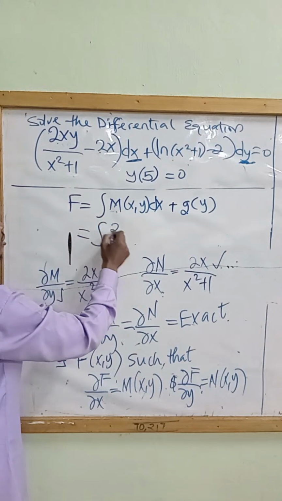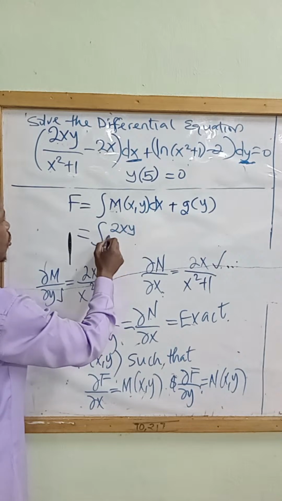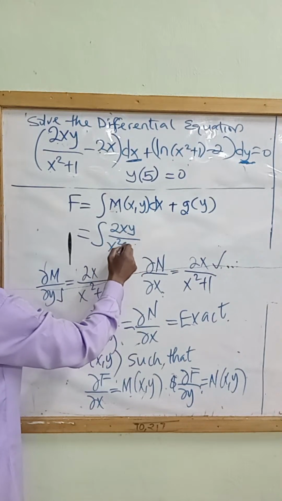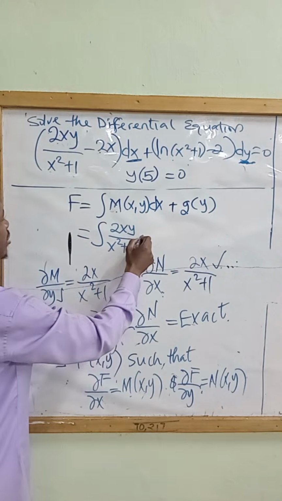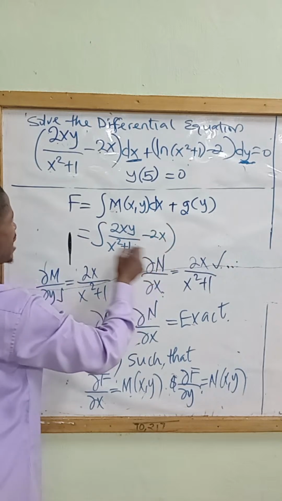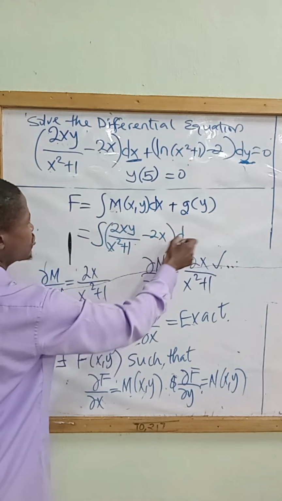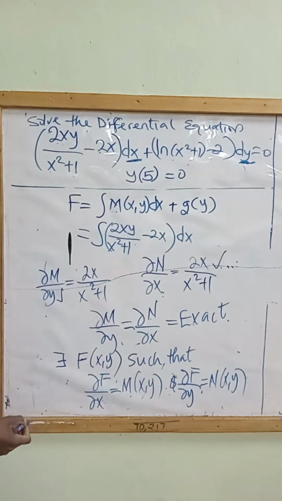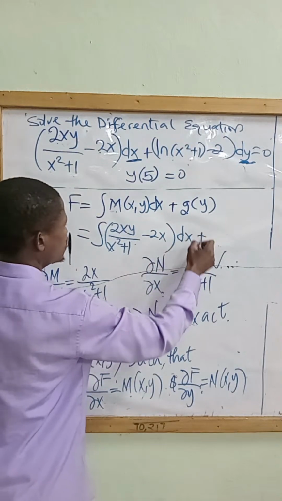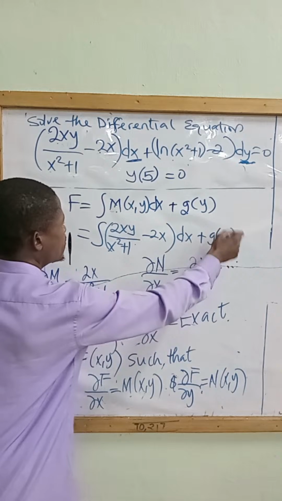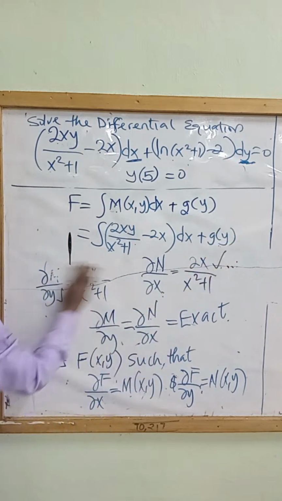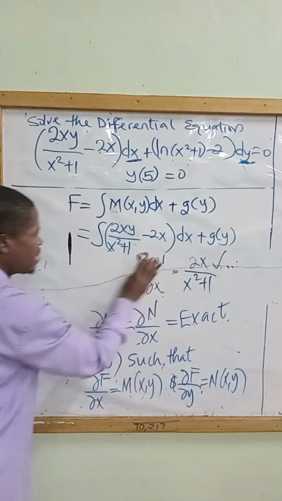My m is 2xy over x squared plus 1 minus 2x. That's my m dx, and then plus g of y.